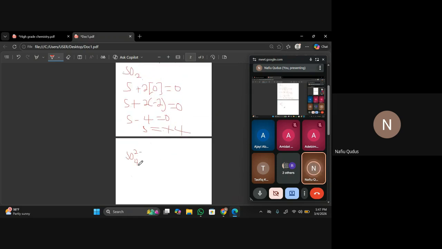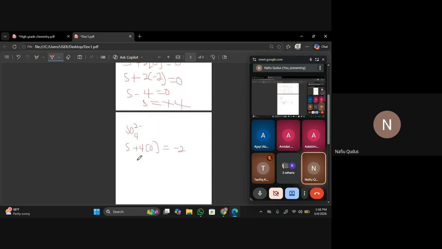If you want to do it here, it will be sulfur plus 4 atoms of oxygen, which equals, don't forget the ion we have here, -2.